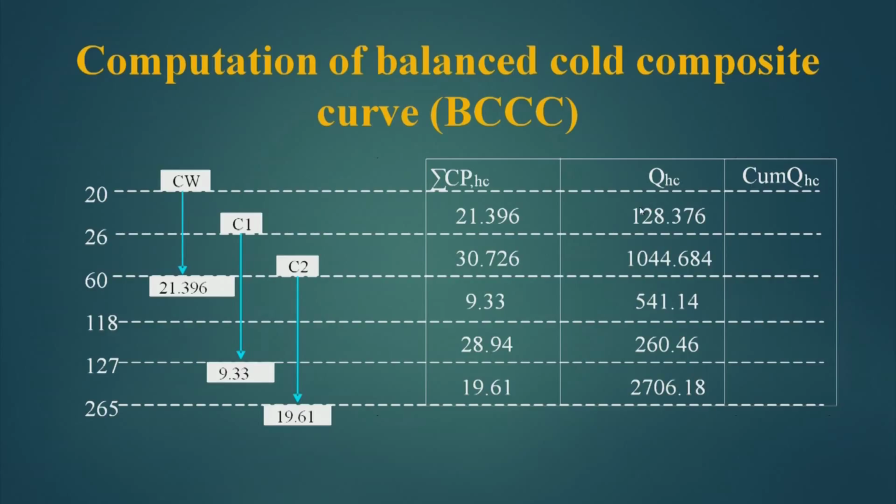Now, this Q value is computed by multiplying the temperature gap, that is 26 minus 20, into 21.396, which is 128.376, and similarly we have calculated the QH values and filled them up. And in the cumulative column, at this level it is 128.376, and for the next one this plus this comes out to be 1173.06. Similarly, we have computed the cumulative values.